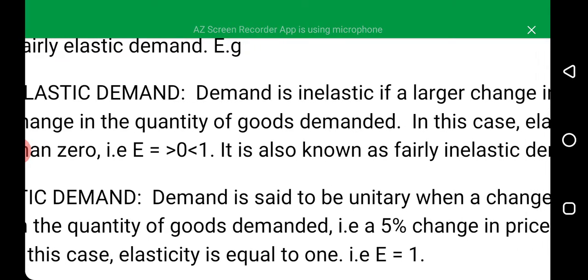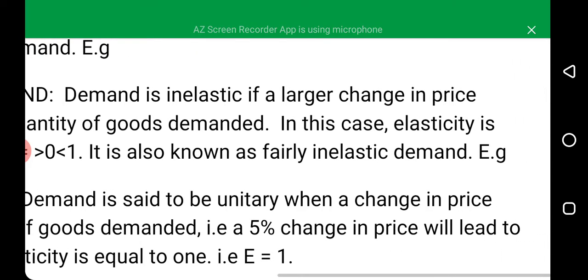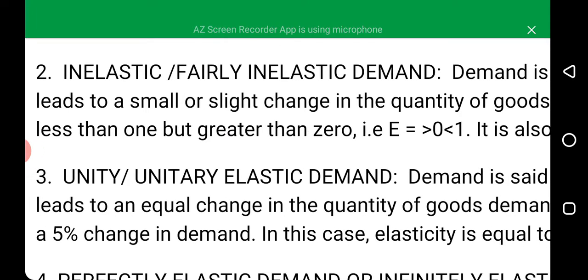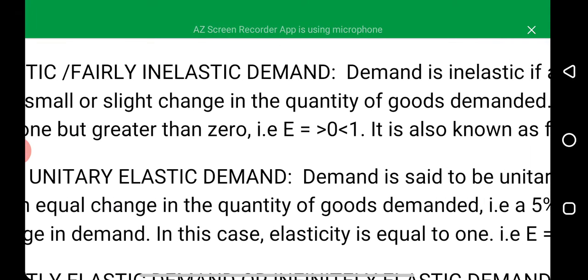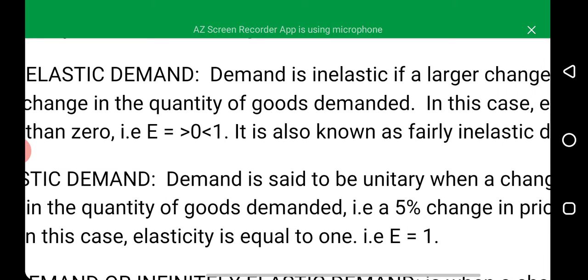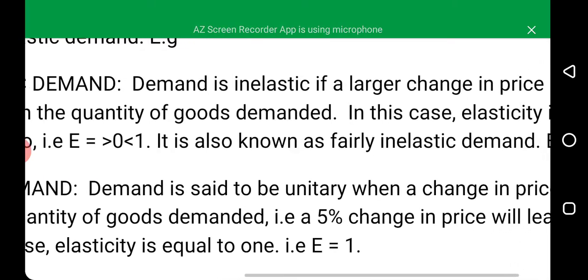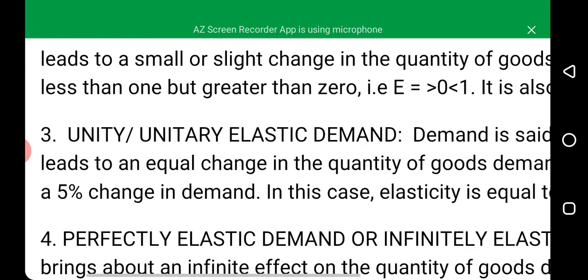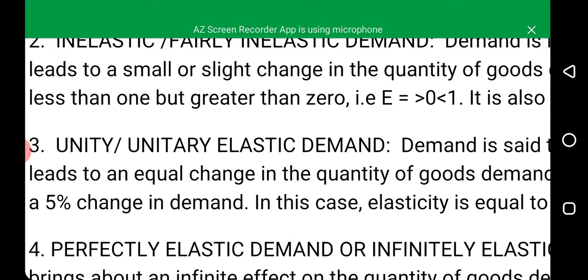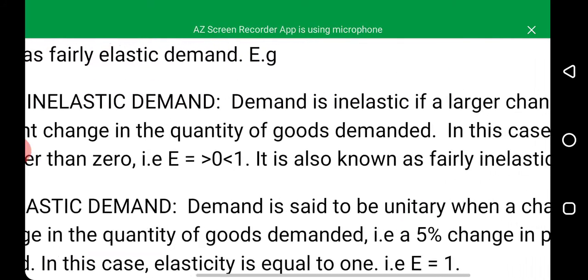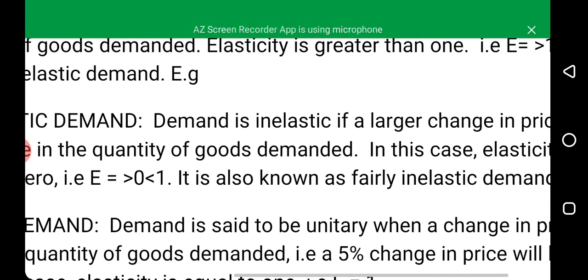Demand is said to be inelastic if a larger change in price leads to a small or slight change in the quantity of goods demanded. This larger change in price might be that the price reduced drastically.